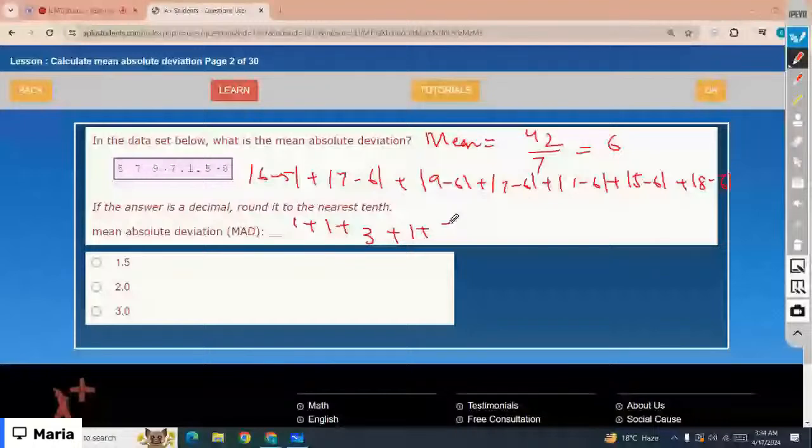So just calculate the sum and divide it by the 6. 1 plus 1 plus 3 plus 1 plus 5 plus 1 plus 2. That is 14, and 14 divided by 6 is 2.0, I think, because you need to round off the number.